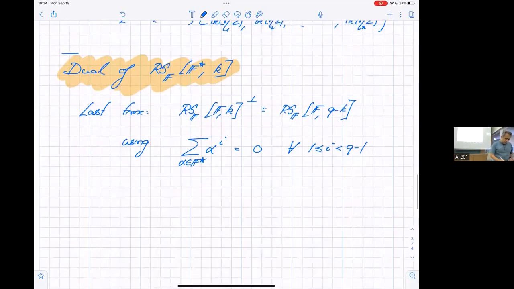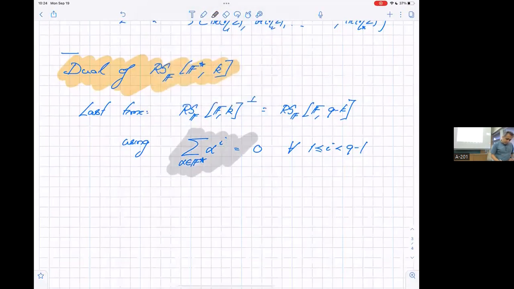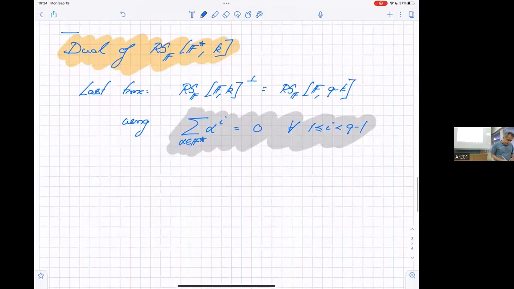So let's just recall this fact. I'm going to write this in a slightly laborious fashion, same thing. This also says, for alpha in F star, the sum of alpha power i times alpha power j is 0 for all 0 less than or equal to i less than k.